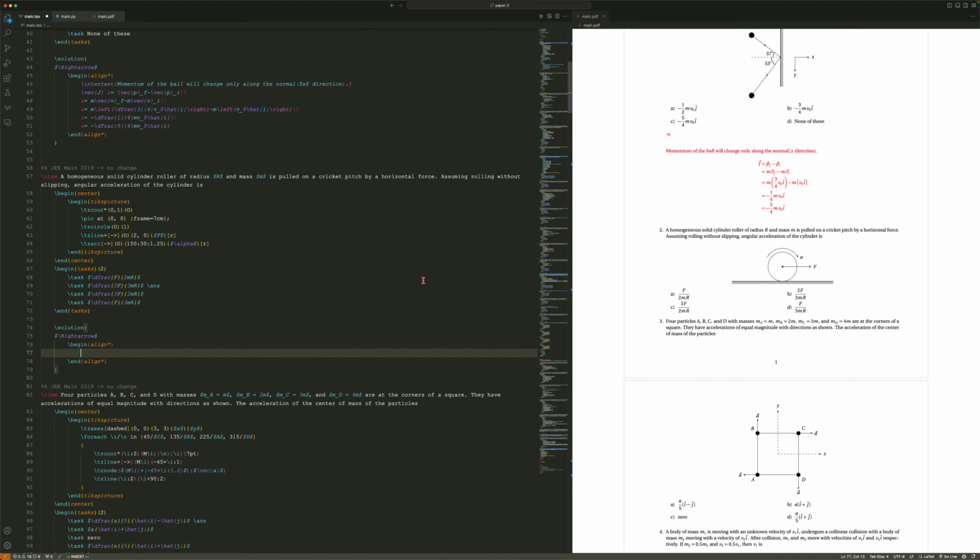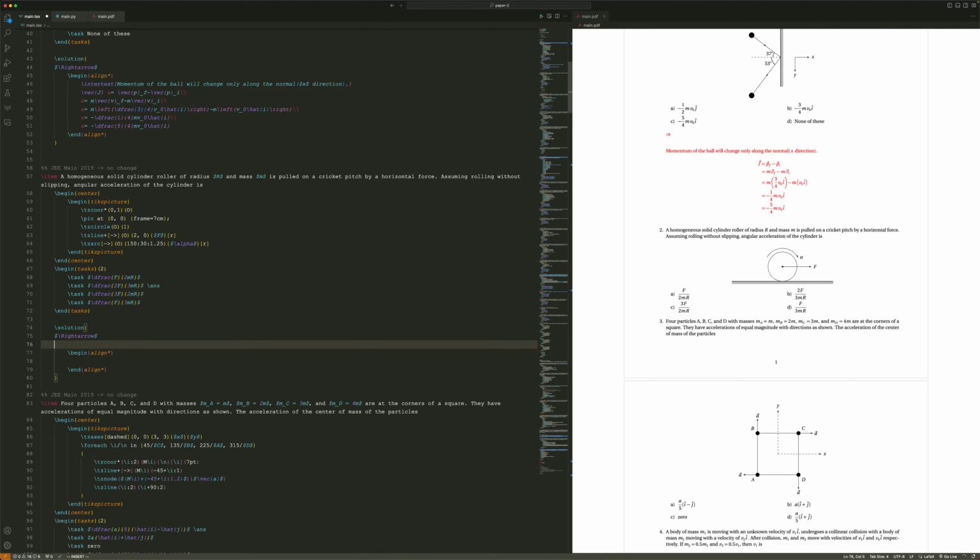Yes, I should draw, because rolling in clockwise direction, and that means some force must be acting. So friction, let's say, so we have to again begin with the diagram.